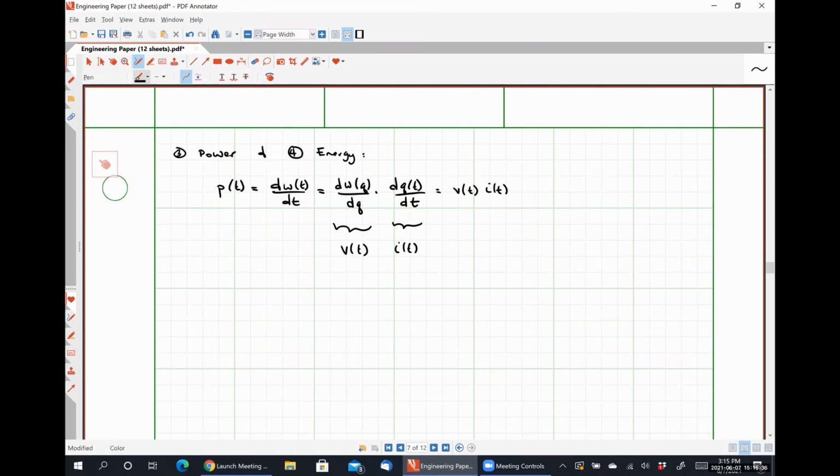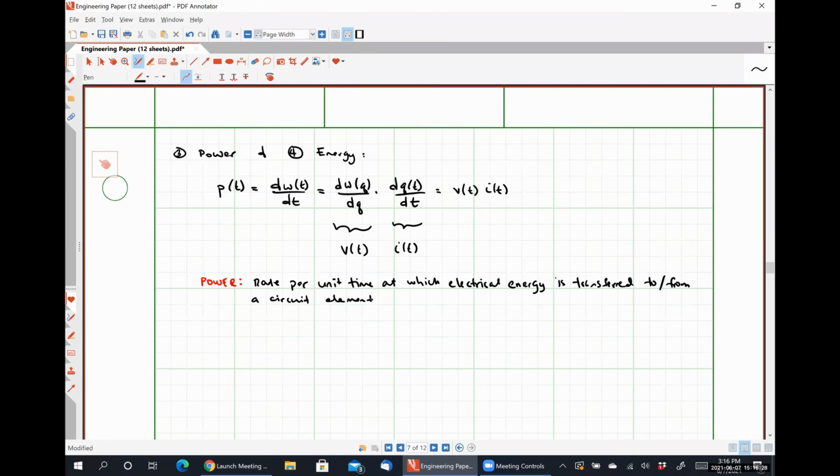With regards to a formal definition, we will say power is the rate per unit time at which electrical energy is transferred to or from a circuit element.